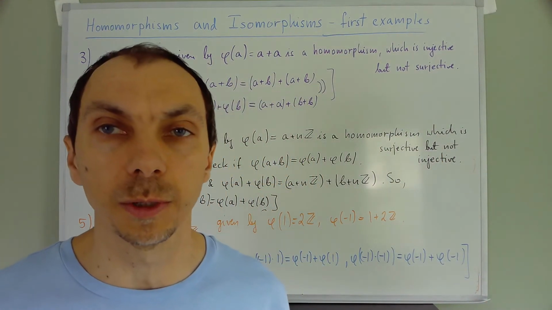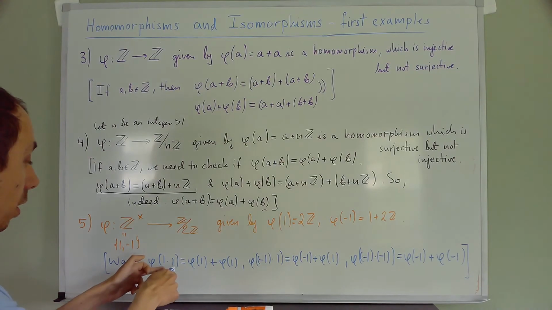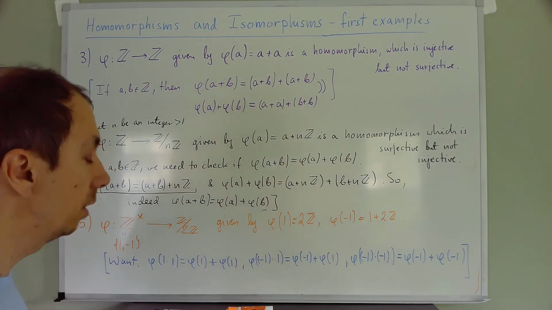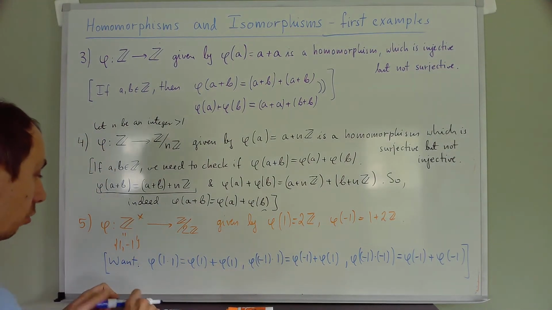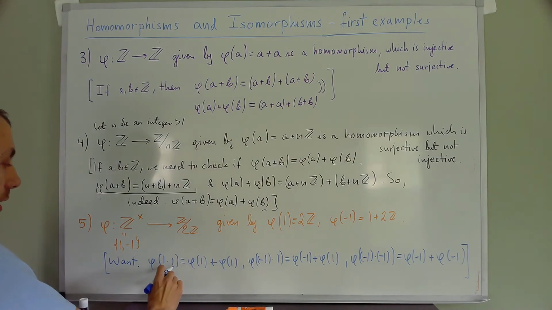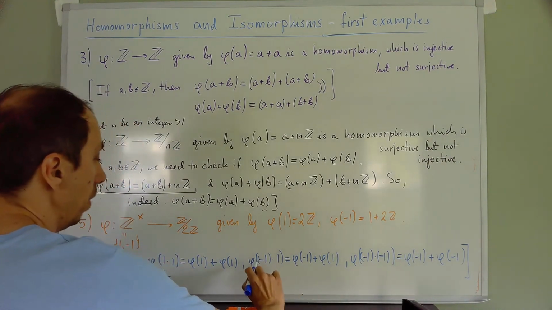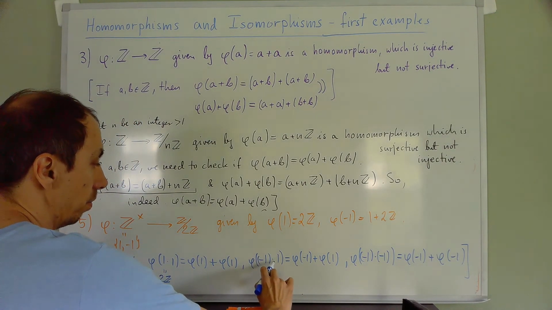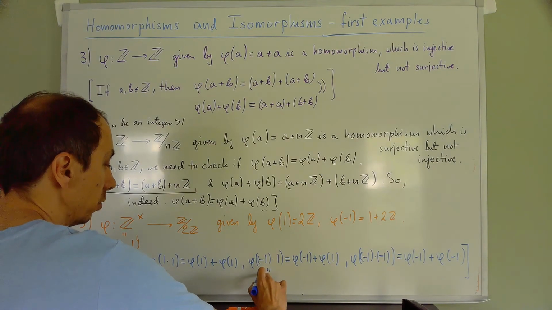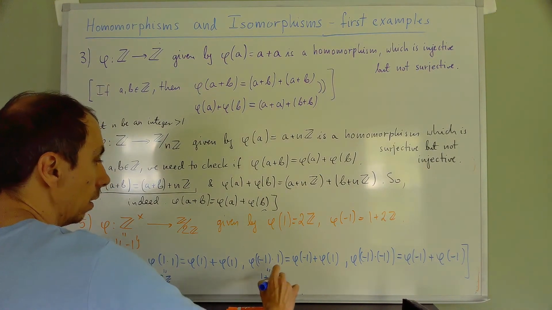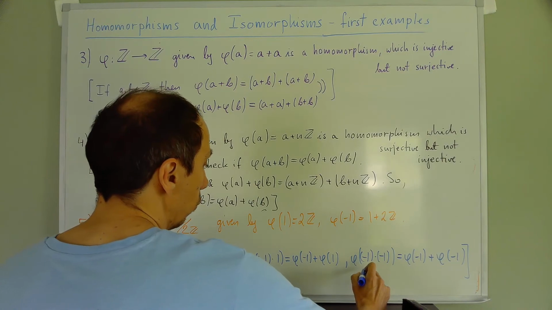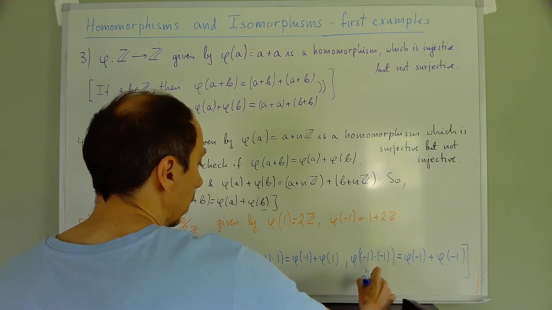These are all the possible combinations you can get: 1 with 1, minus 1 with 1, and minus 1 with minus 1. Let's check. Phi of 1 times 1, 1 times 1 is 1, so that will be 2Z. Minus 1 times 1 is minus 1, so that's 1 plus 2Z. And minus 1 times minus 1 is 1, so that should be 2Z.